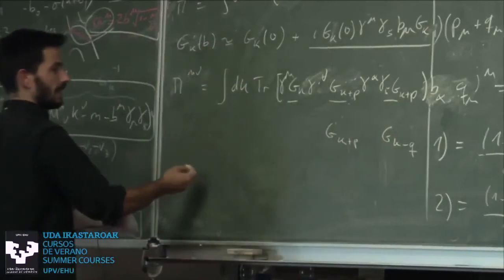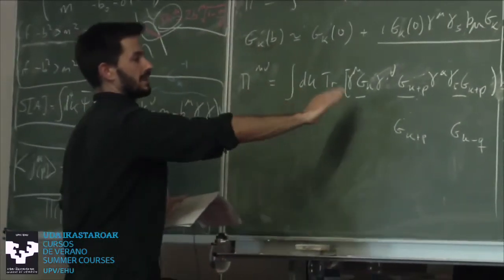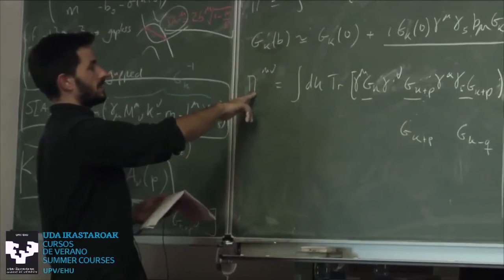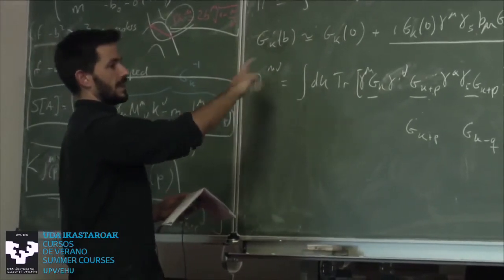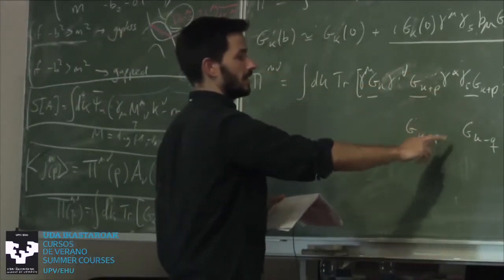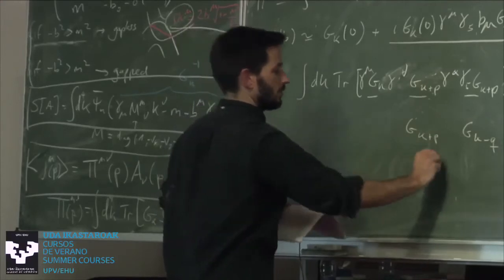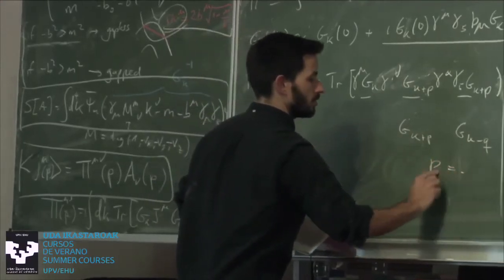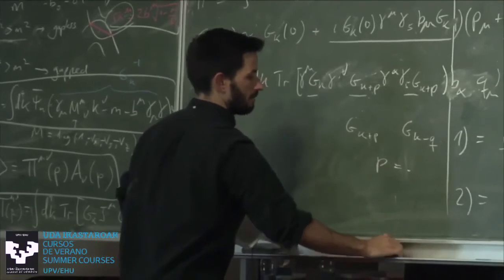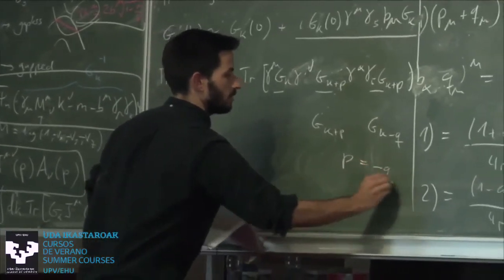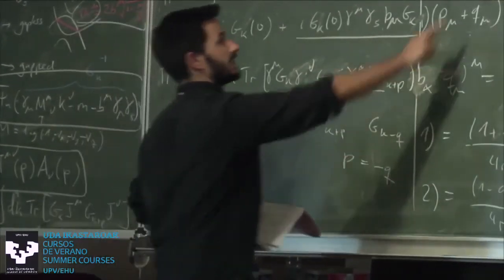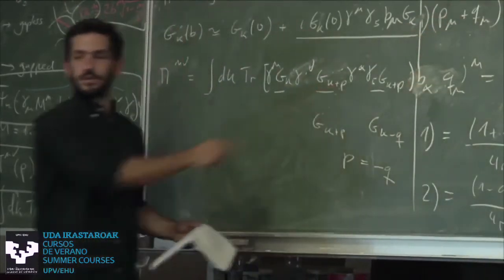So this expansion is telling me that the response is actually given by the anomaly with a particular kinematic, where if I choose p equal to minus q, then I recover this expression.